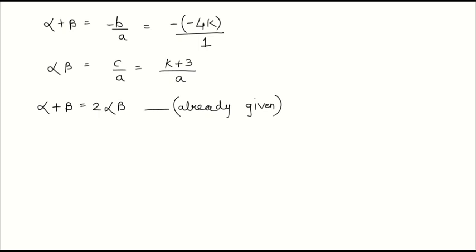Let's substitute the values. Minus into minus is plus, so 4k upon 1, no need to write upon 1, it is 4k. And alpha into beta is k plus 3 upon 1, which is k plus 3.